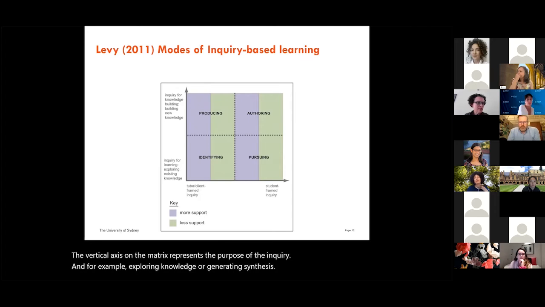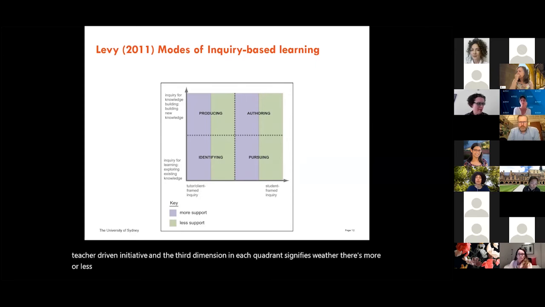The horizontal axis represents the primary responsibility, whether it's a student-driven or a teacher-driven initiative. And the 3rd dimension in each quadrant signifies whether there's more or less support given to the inquiry. The 4 modes as labelled onto the matrix are identifying, pursuing, producing, and authoring.